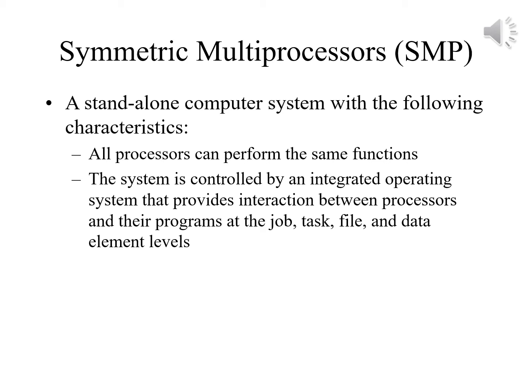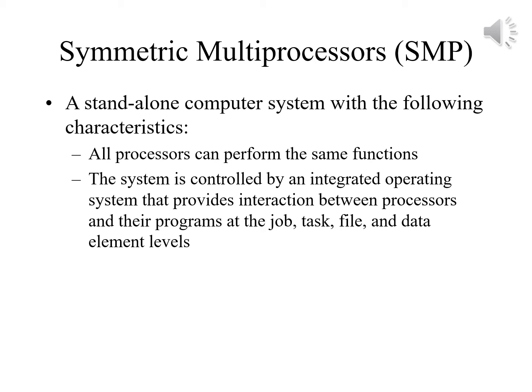The first 4 points should be self-explanatory. The last one illustrates one of the contrasts with a loosely coupled multiprocessing system, such as a cluster. In the latter, the physical unit of interaction is usually a message or complete file.